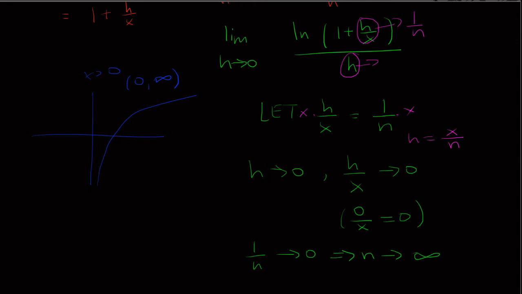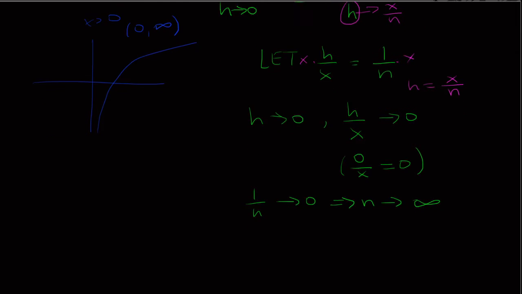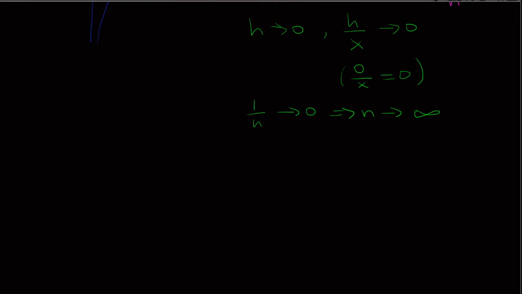So this will be replaced with x over n. So let's write that down. I have the limit as n approaches infinity, ln of 1 plus 1 over n divided by x over n.